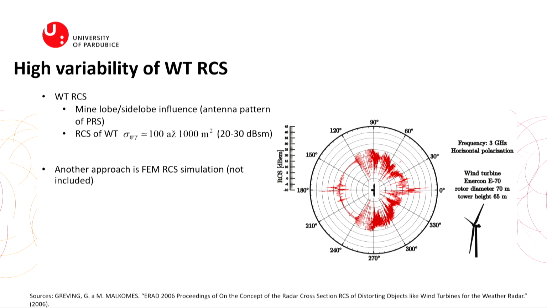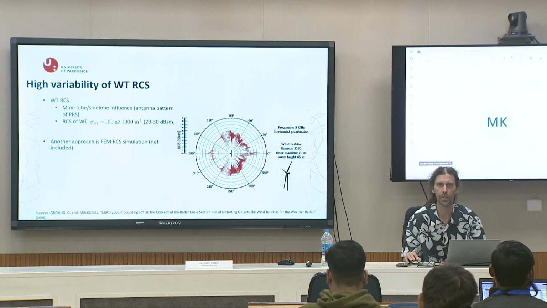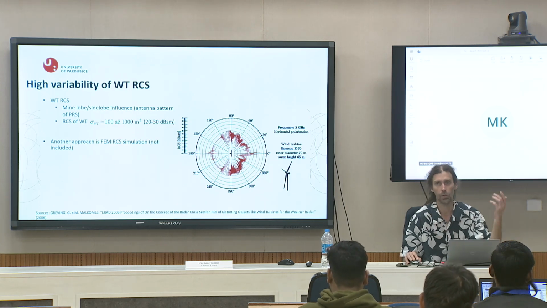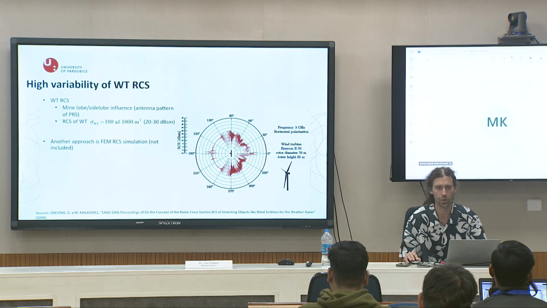And if you care about a small target, it will be masked 100%, because the RCS reflection of these targets will be at a similar or lower level. So if you look in the same direction where this strong reflection is, you don't have any chance to see this target.